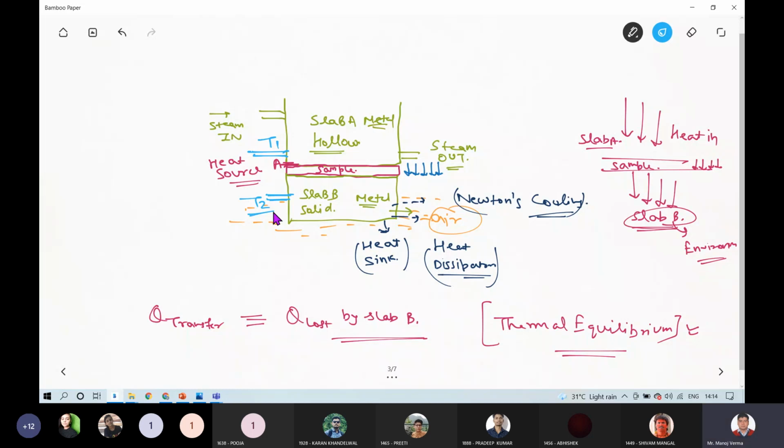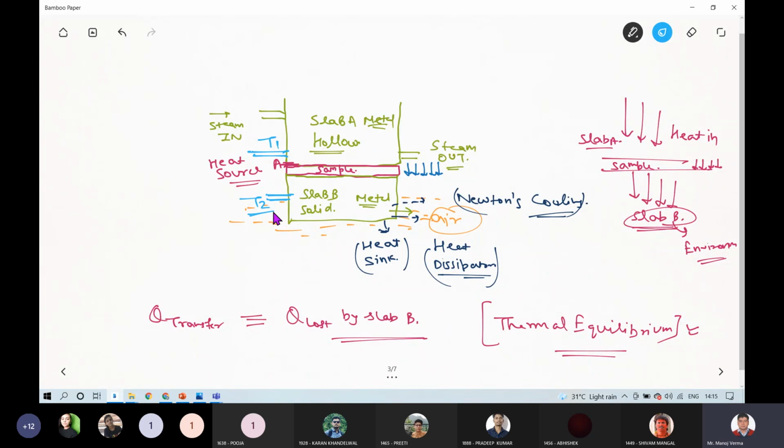But after some time, let's say half an hour or 40 minutes, the amount of heat conduction through this sample will be equal to the amount of heat released into the environment by slab B. At that point, you will see T1 and T2 go to a constant value. They will not change.